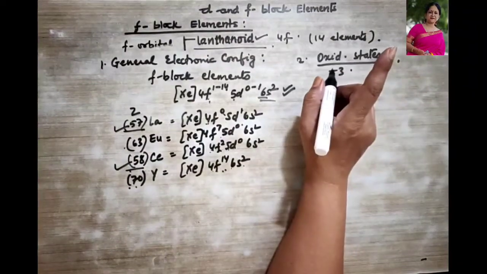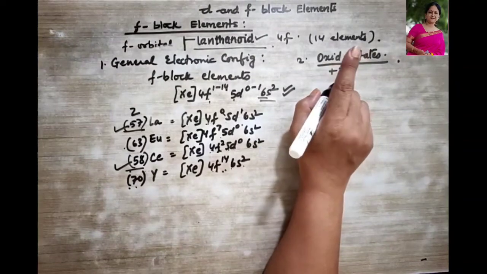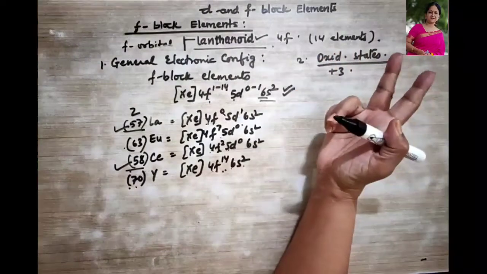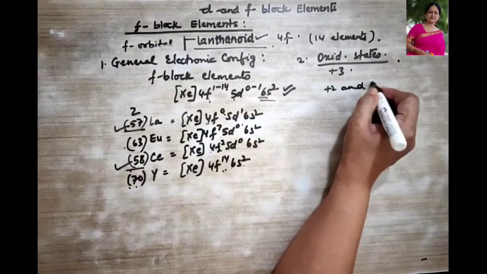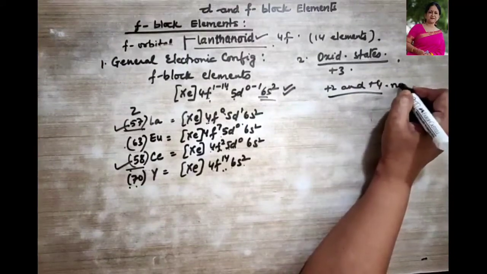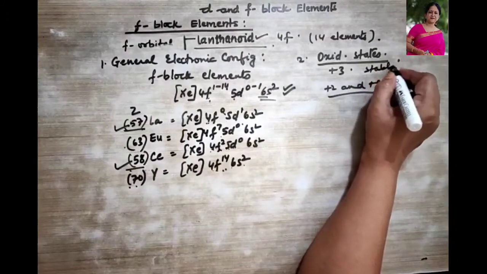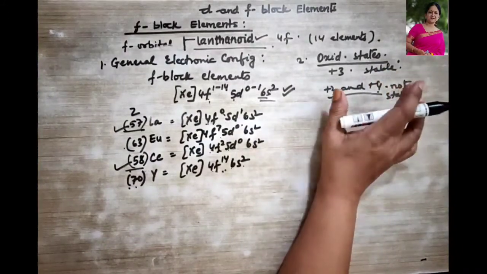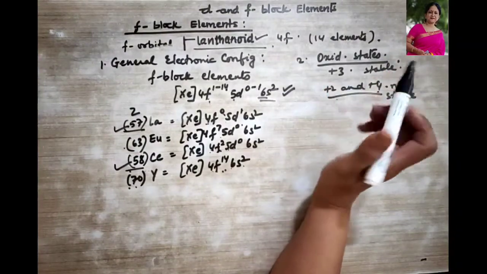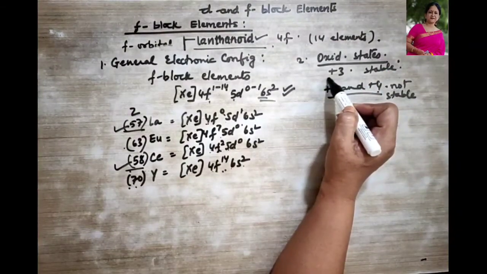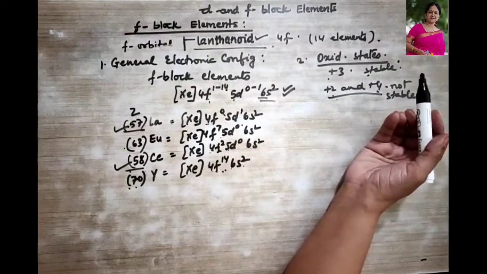So in aqueous solution and in the solid state, the +3 oxidation state is more stable than the other two oxidation states, that is +2 and +4. They are not stable. This is the most stable oxidation state. Why is it so?